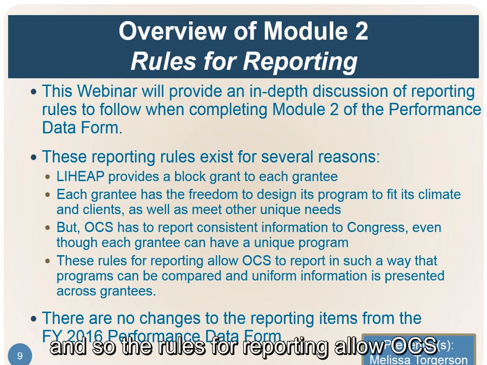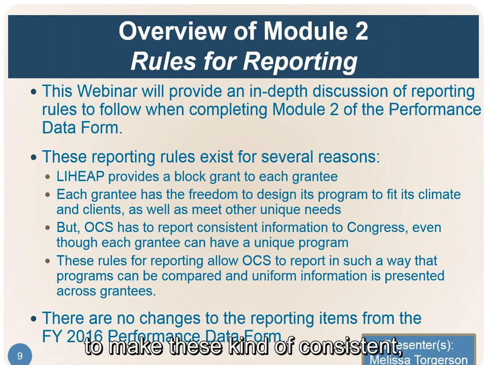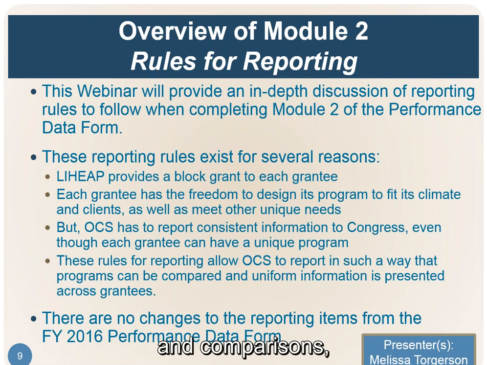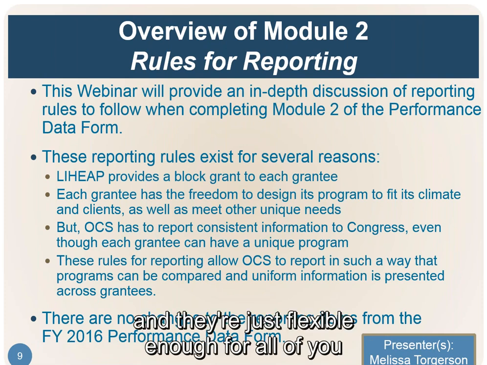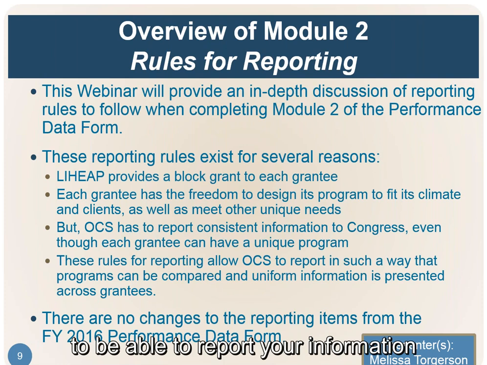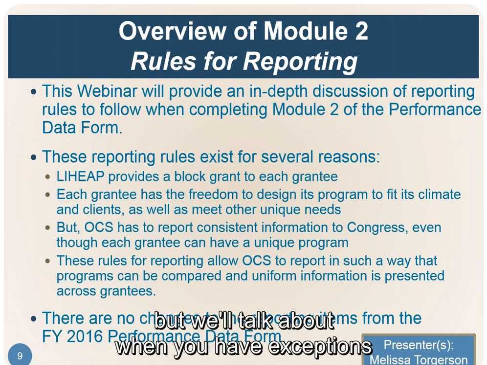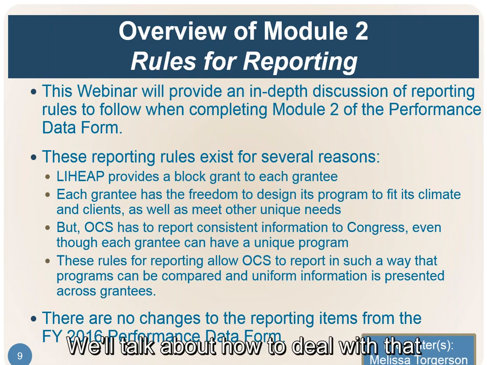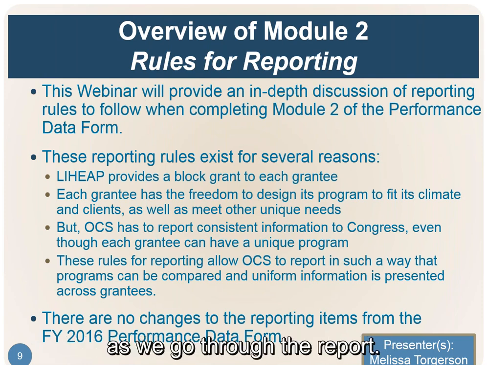And so the rules for reporting allow OCS to put together these consistent reports and comparisons, and they're just flexible enough for all of you to be able to report your information. But we'll talk about how to deal with exceptions or things that don't quite fit as we go through the report.